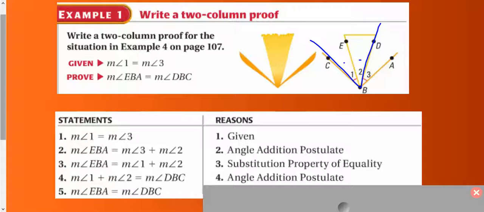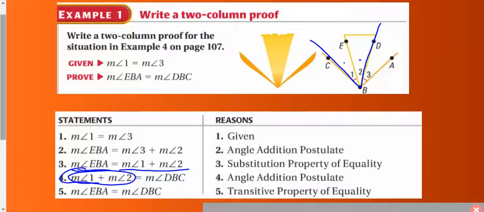And now instead of 1 plus 2 equals DBC, it says EBA equals DBC. So 1 and 2 are right here, and that's EBA, so I can take this and replace this right here with an EBA. So we could do a substitution or a transitive.